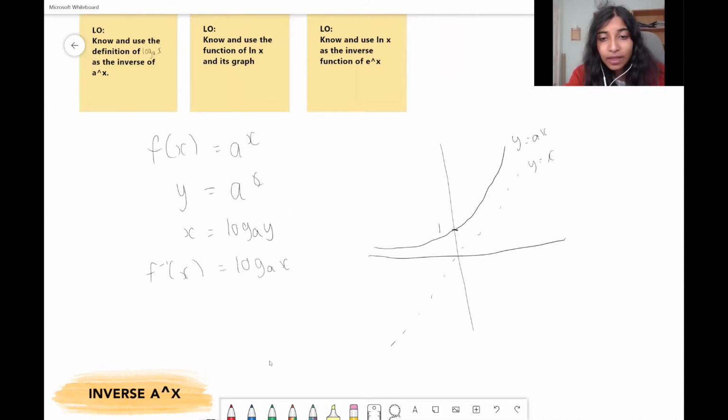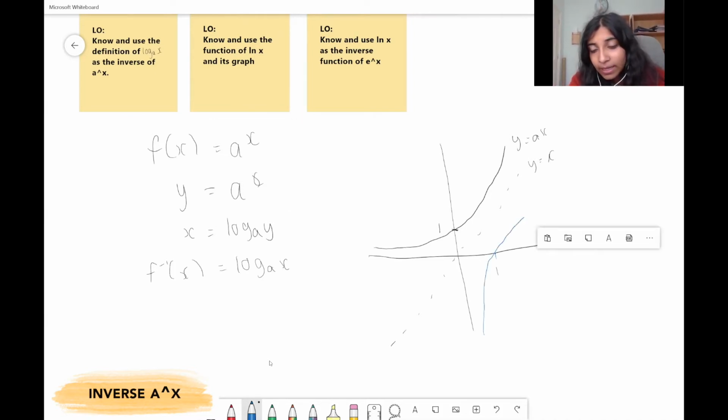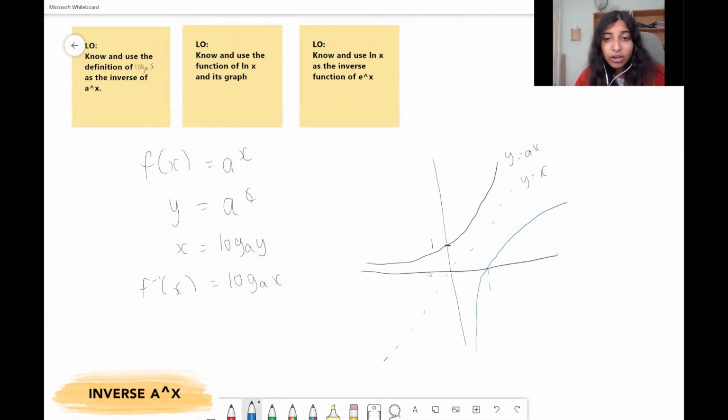If we do that and reflect it, we should get something passing through 1, in a form like this. So that's basically an overview of the function y equals a to the x and its inverse, which is y equals log a x.